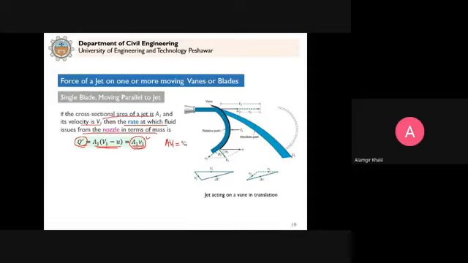But if the vein is moving, it cannot hit with this, meaning the discharge will reduce. Similarly, the mass flow rate will be equal to rho Q dash, given by this expression here.